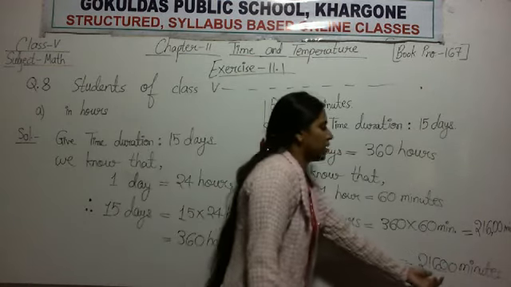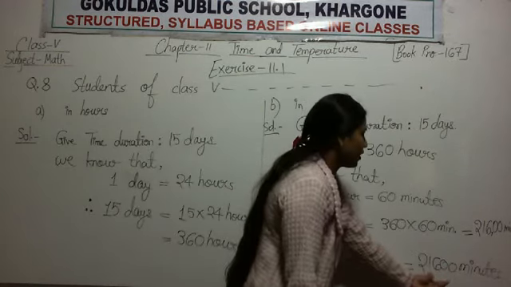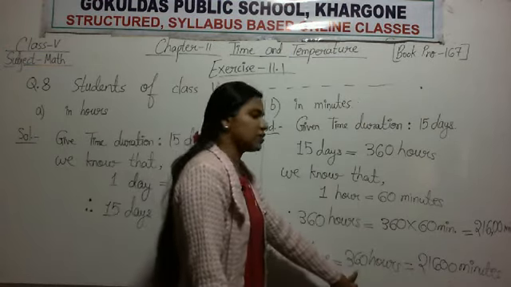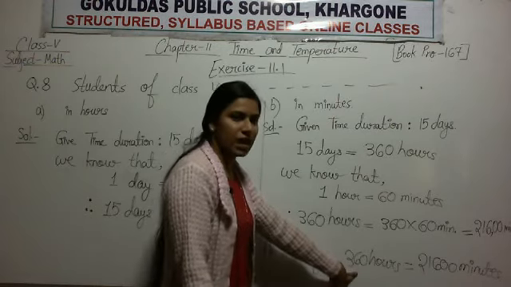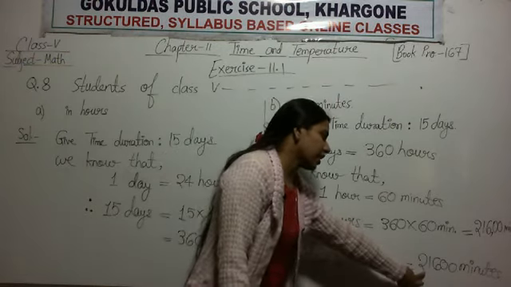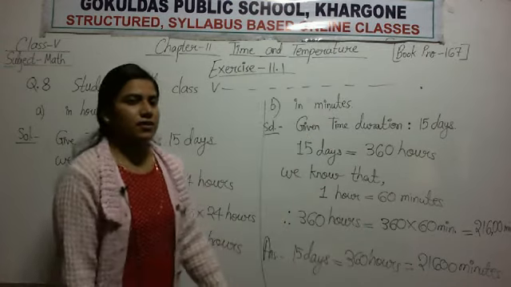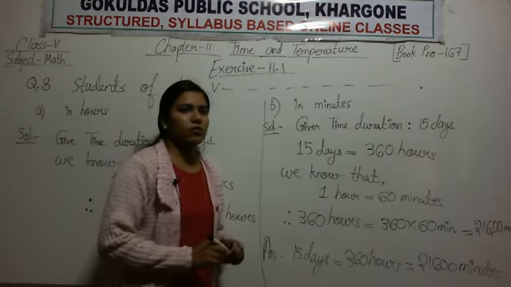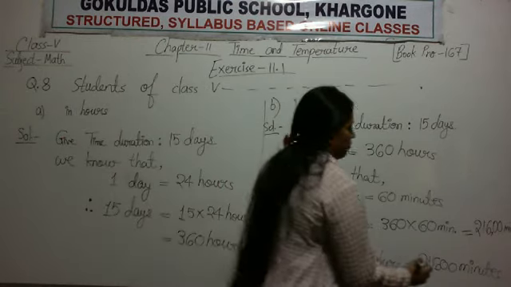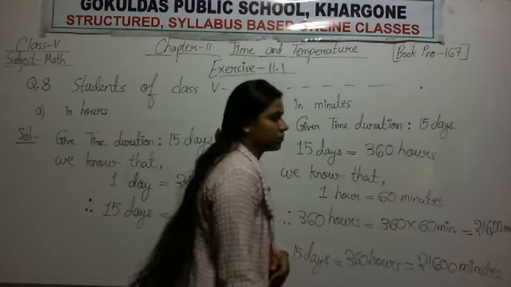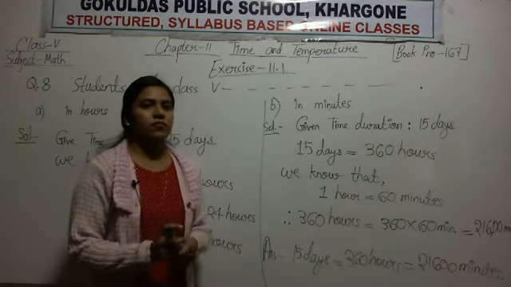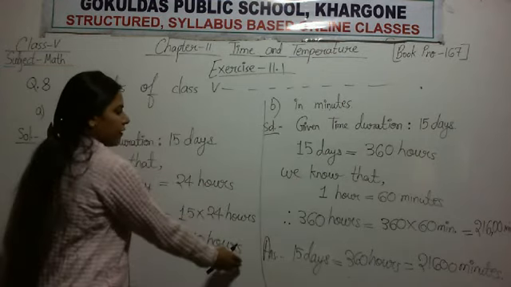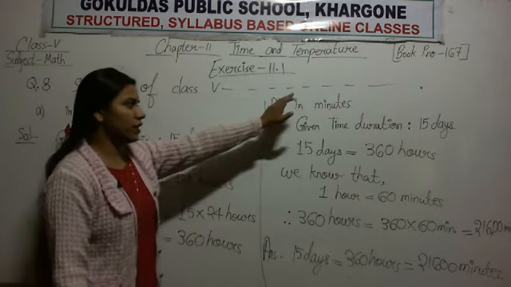Means 15 days will be equal to 21,600 minutes. 15 days is 360 hours, and in minutes it will be 21,600. Note it down. Note down part B now, or take the screenshot. After noting down part A, you will note it down.